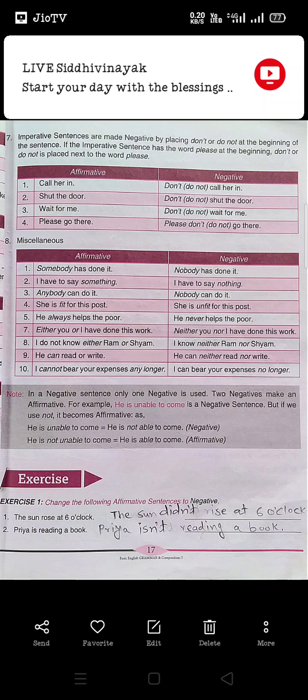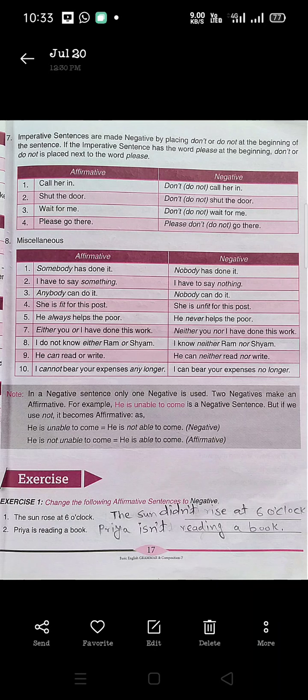And here are some miscellaneous sentences, other than these rules, and we have to change them into negative like these. See some examples. These are other than the rules we have learned. Somebody has done it, nobody has done it. In place of somebody, nobody is used here.